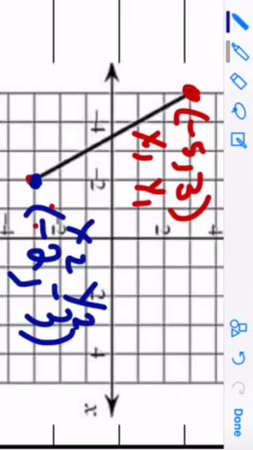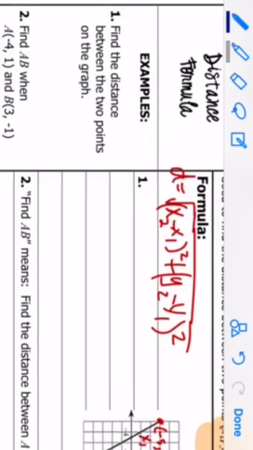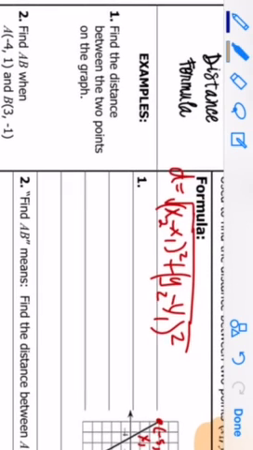Now that we have our points that we found from the graph, we can plug them into the formula to find the distance between the 2 points.